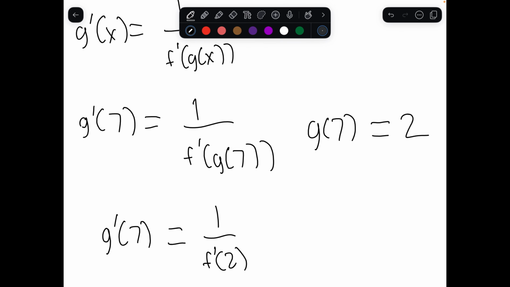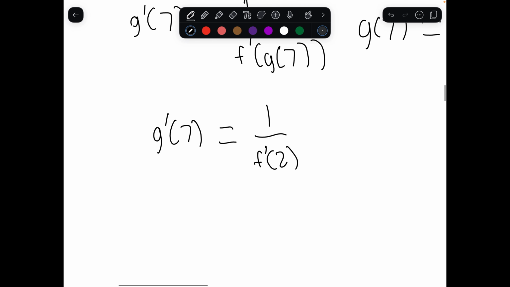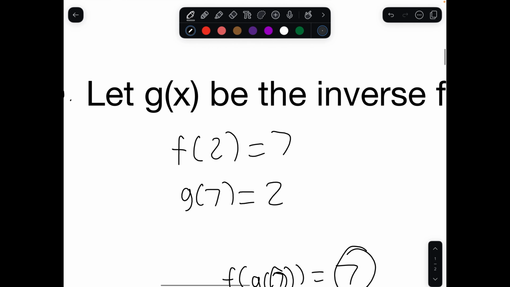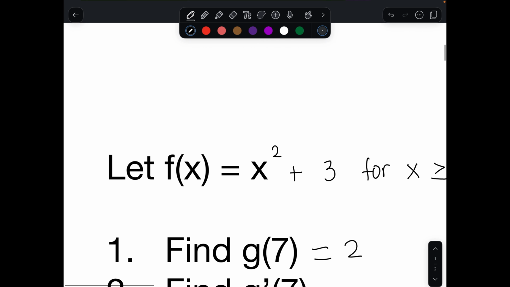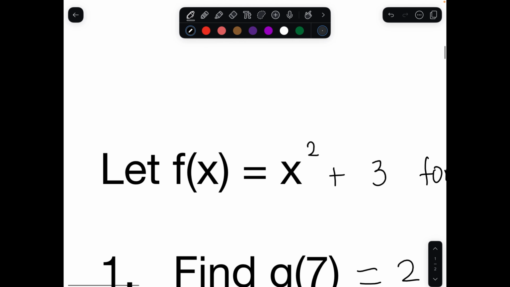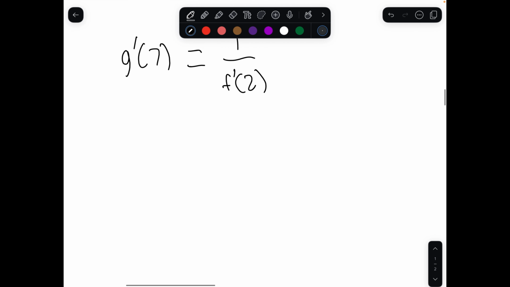So now we need to figure out what f prime of 2 is. And don't confuse f prime of 2 with f of 2. We need to take the derivative of f of x and find f prime of x, and then plug in 2 to find f prime of 2.